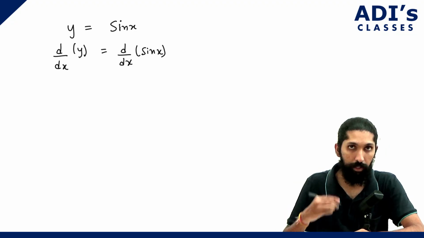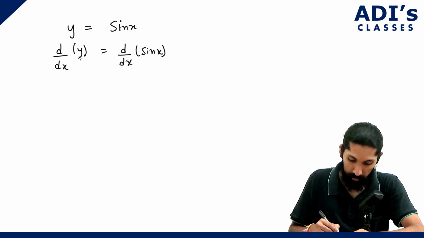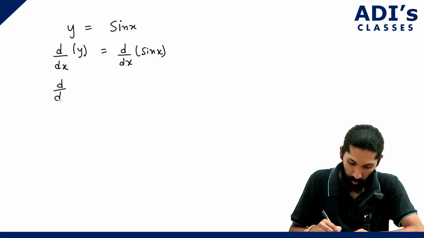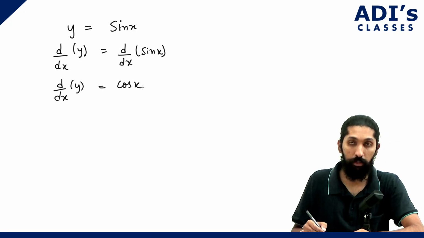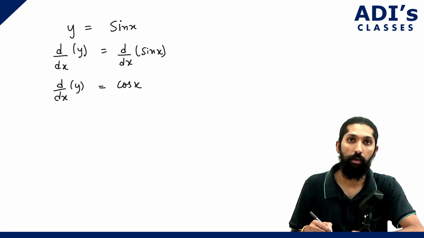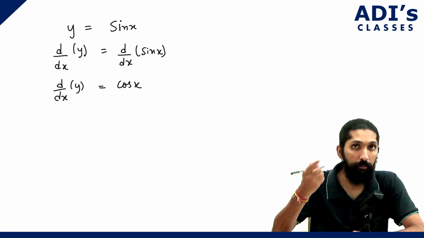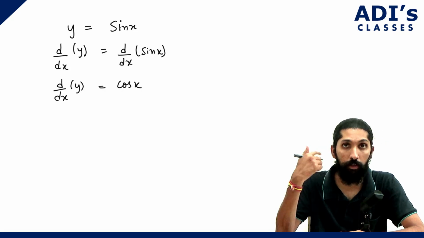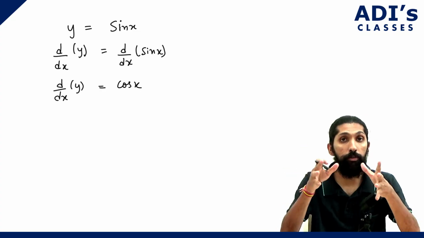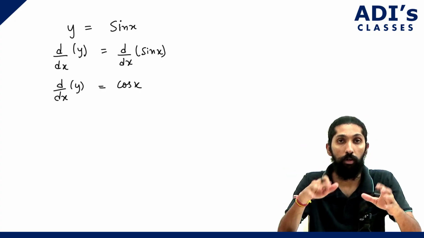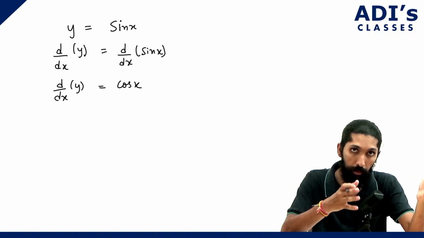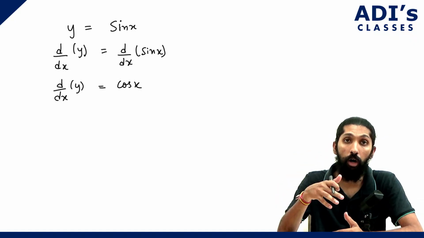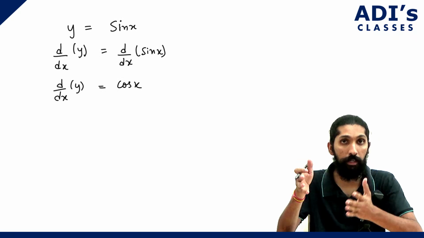It's a derivative. So we write d by dx of y is equal to cos x. We know the derivative of sin is cosine. Now, double derivative in the sense, you have already differentiated the function once. You are going to differentiate the same function one more time. So, double differentiation or second order derivative.